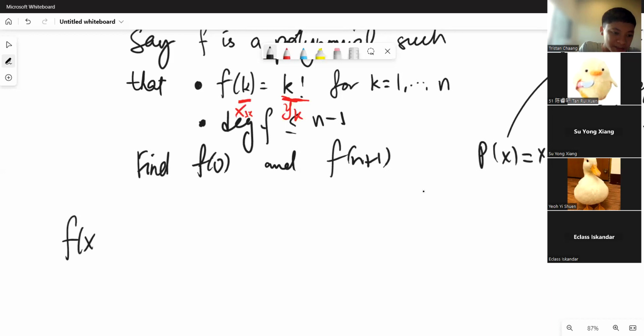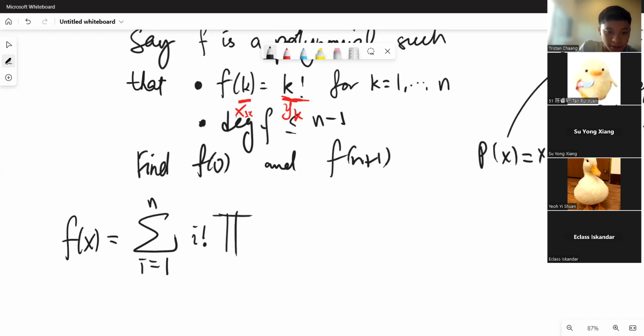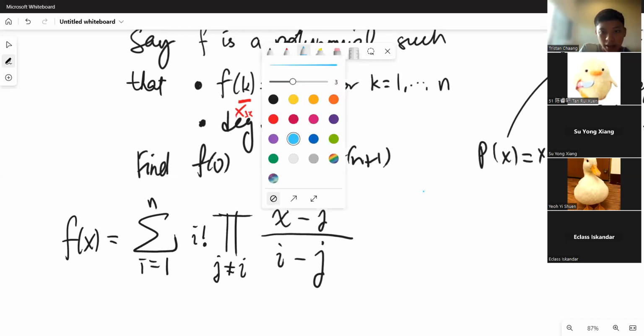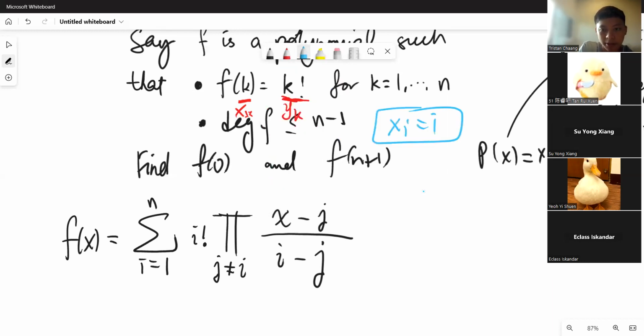So f(x) equals the sum from i equals 1 to n of y_i, which will be i factorial, times the product over j of (x minus j) over (i minus j), because x_i equals i, remember, and of course y_i equals i factorial.